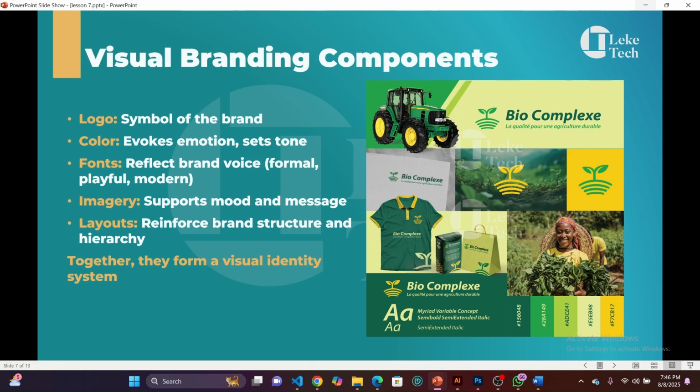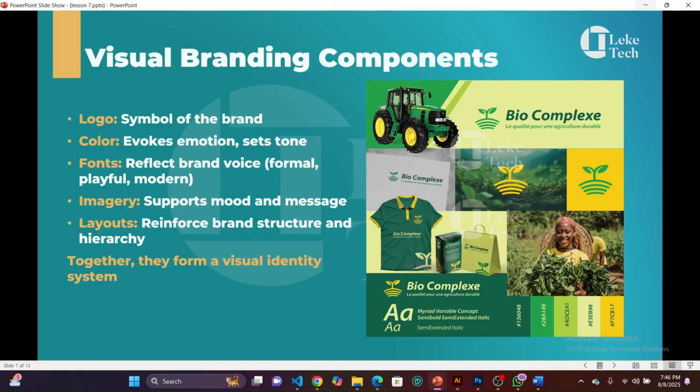Restaurants usually have more playful and fun fonts. So the choice of font should reflect what the company stands for or what the company is.